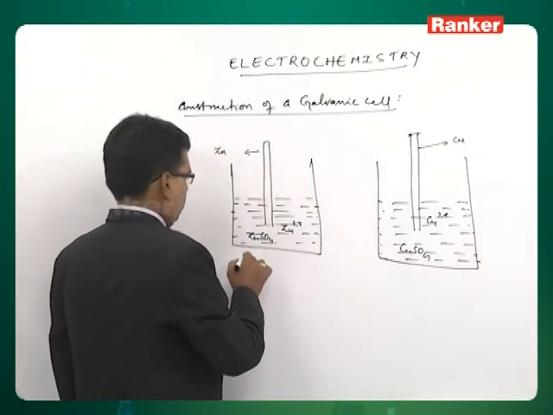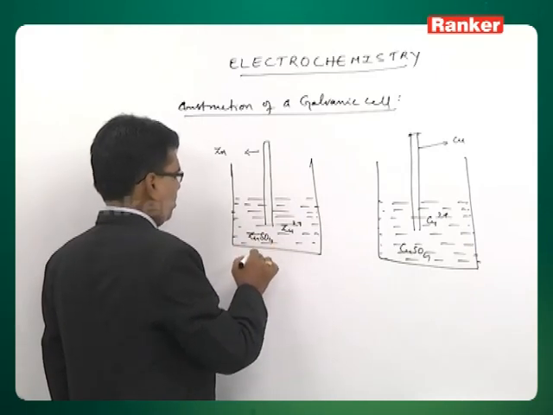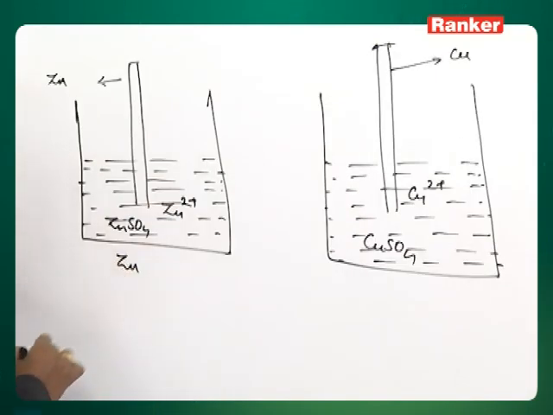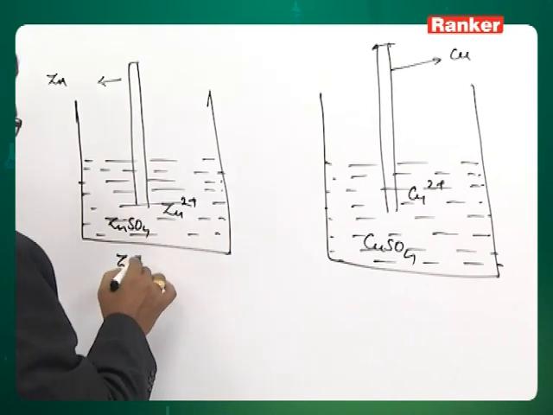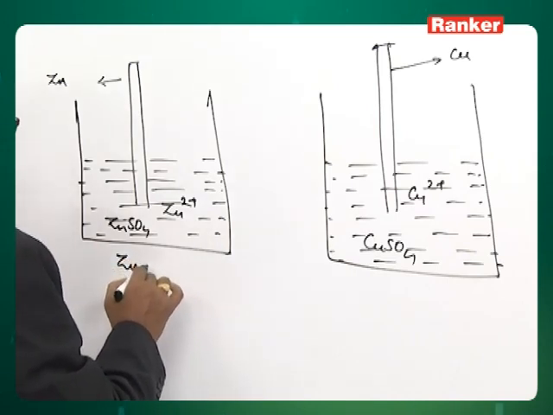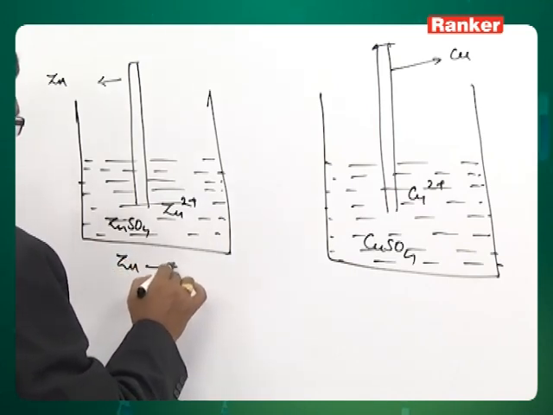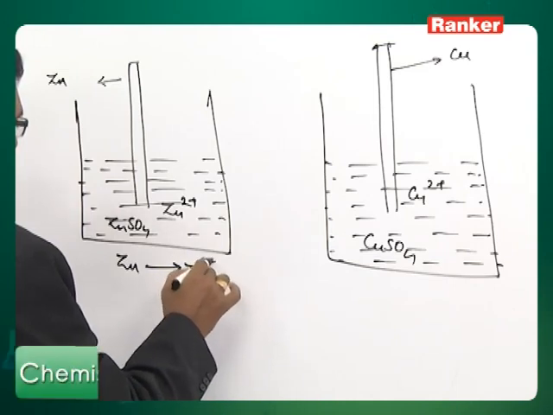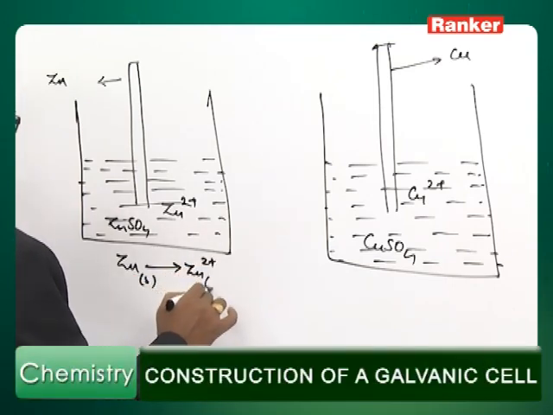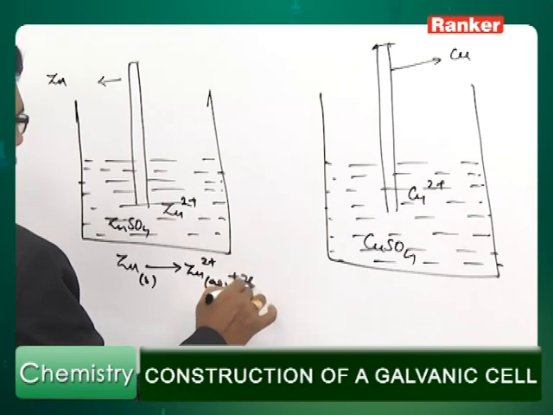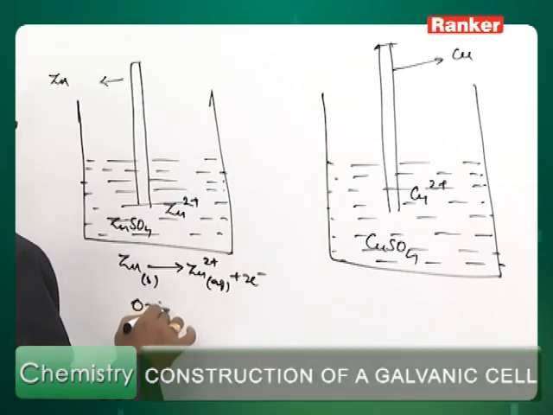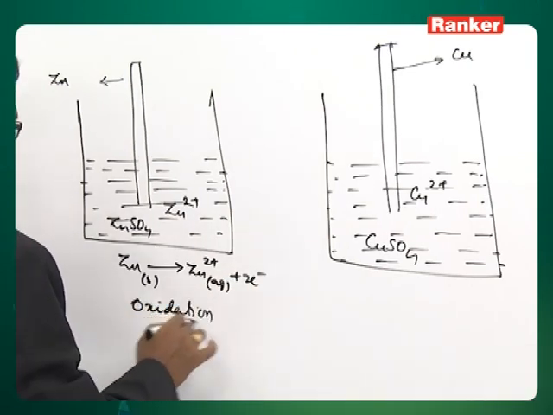Then this is the zinc rod in zinc sulphate, represented as ZnSO4. Here Zn gets oxidized to Zn2+, solid zinc into zinc ion solution. This is the oxidation half cell, so this acts as the anode.